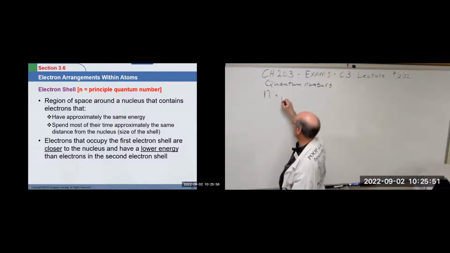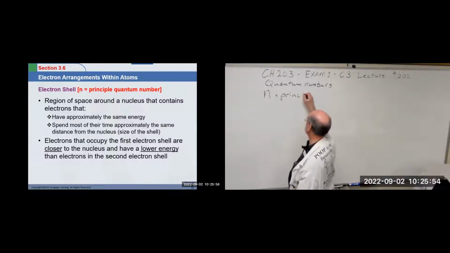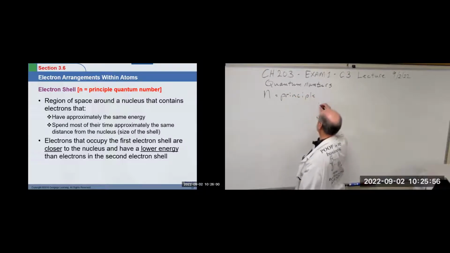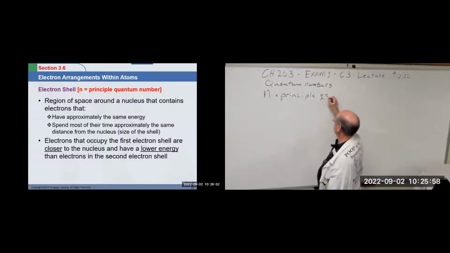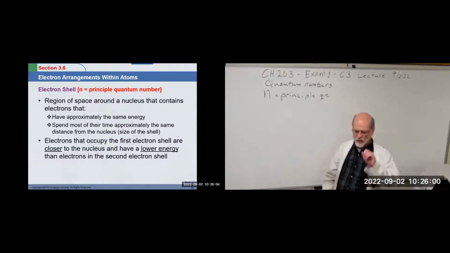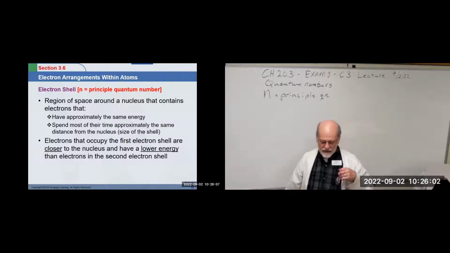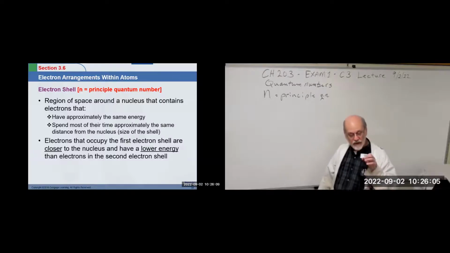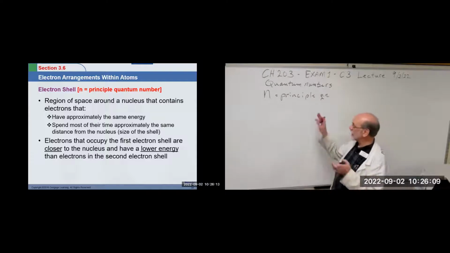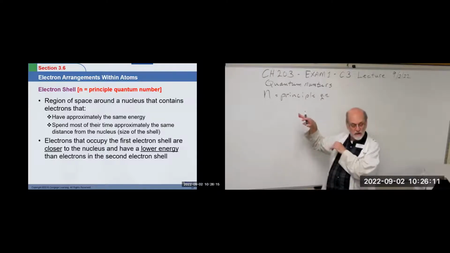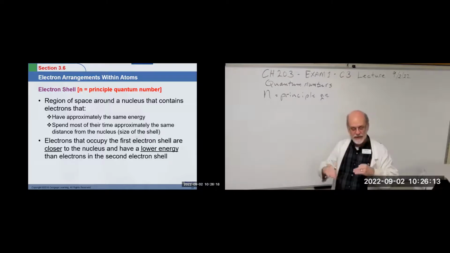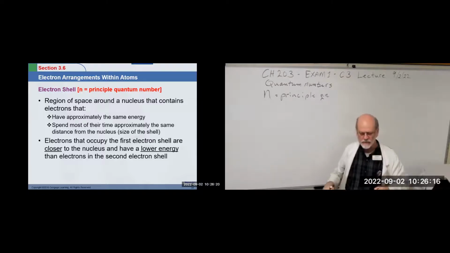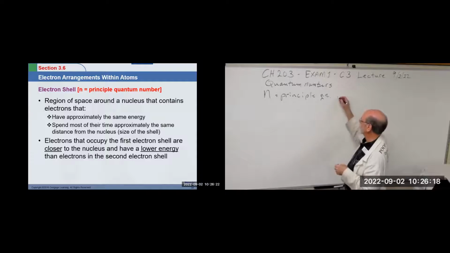n is the principal quantum number, and it refers primarily to the energy of the electron. All electrons that have the same principal quantum number will have very close to the same energies. They won't be exact, but they'll be very close.